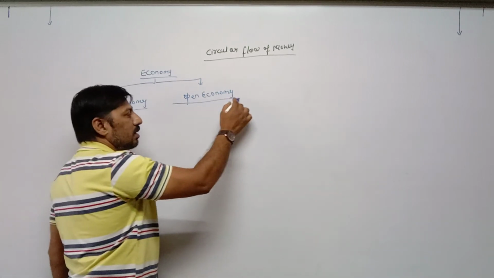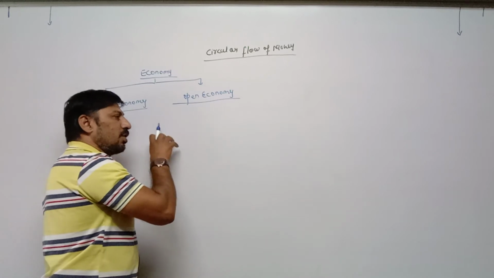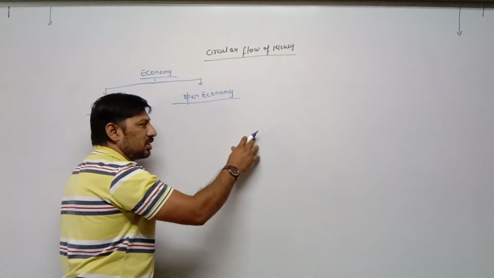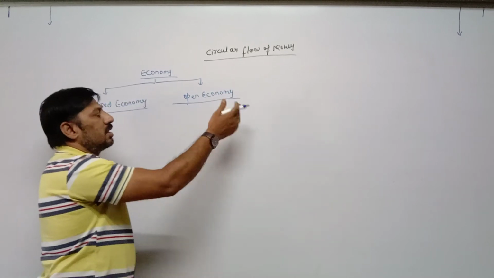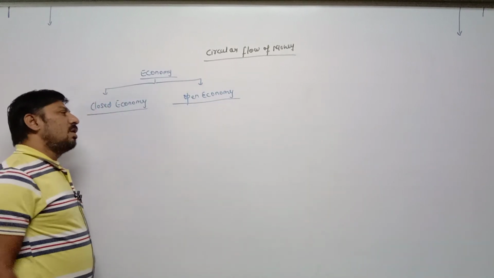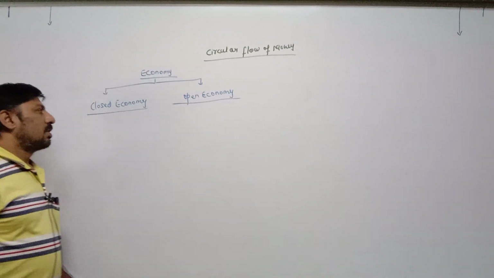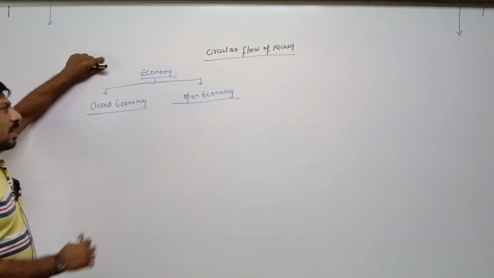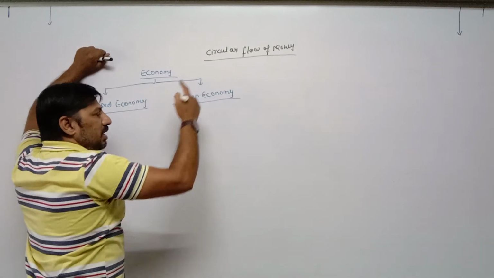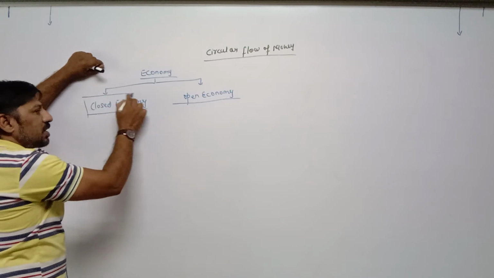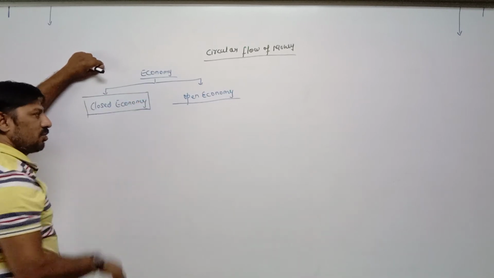Open economy is where one particular country has trade relations, political relations, and diplomatic relations with other countries. Such an economy is called open economy, so nowadays open economy exists. In your textbook, how money circulates in an economy is explained for a closed economy, which does not exist nowadays.